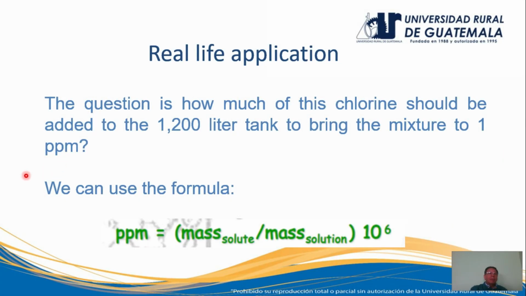To solve this problem, we can use this formula: the parts per million will be equal to mass solute divided by mass solution and multiplied by 1 million. Remember that this scientific notation here means 1 million.